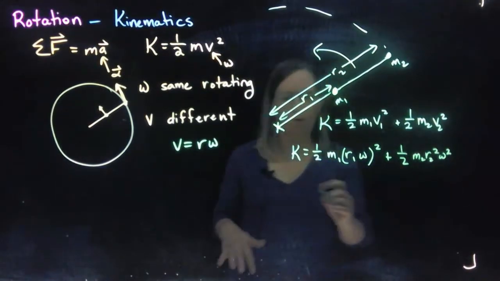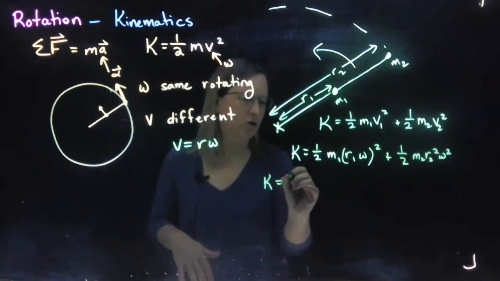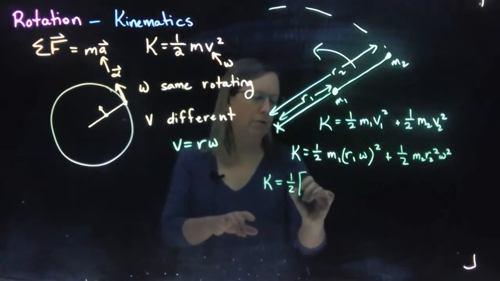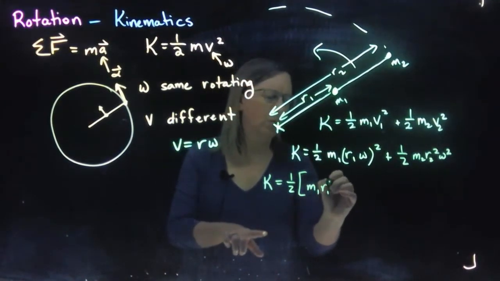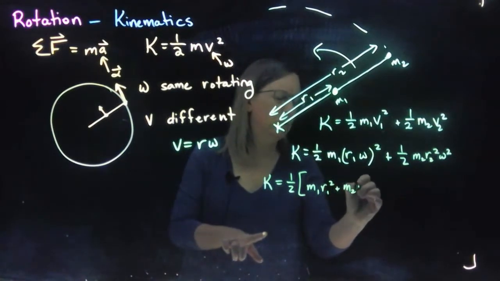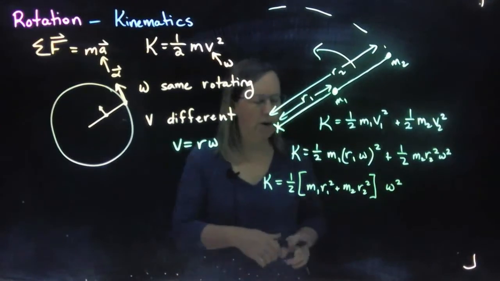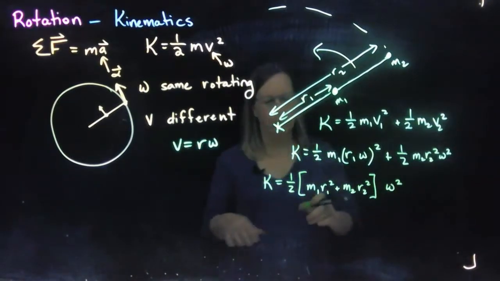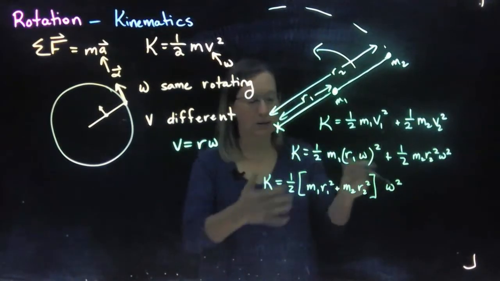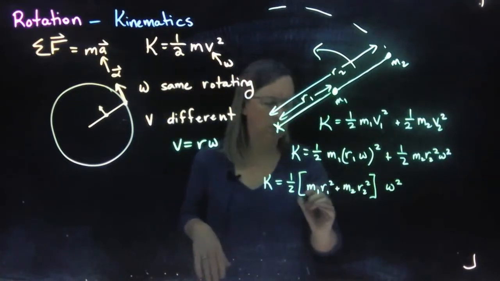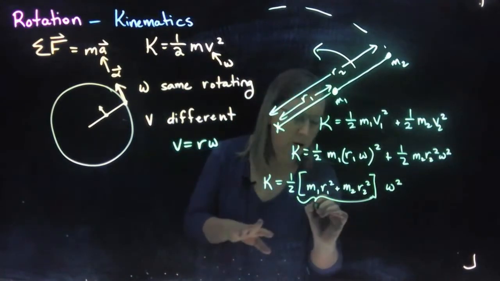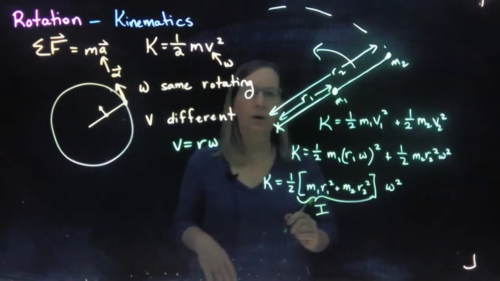Now I can combine these to say kinetic energy equals 1/2 (m1 r1 squared plus m2 r2 squared) times omega squared. And then we say, okay, that's the mass equivalent for this equation. This we call I, for moment of inertia.